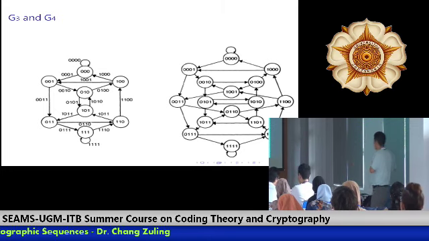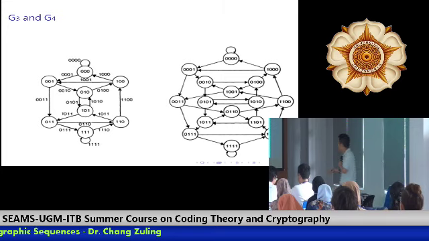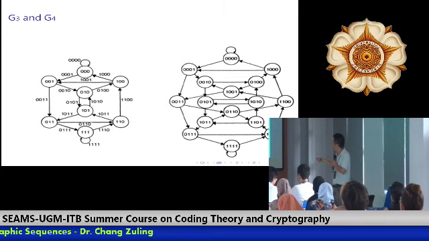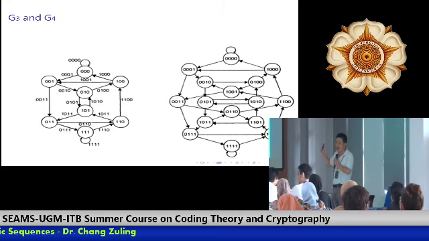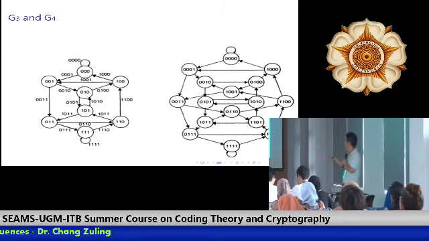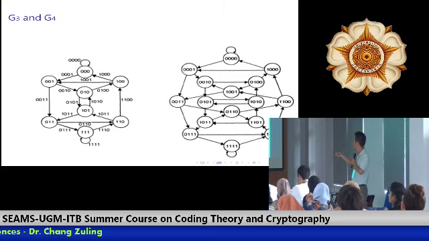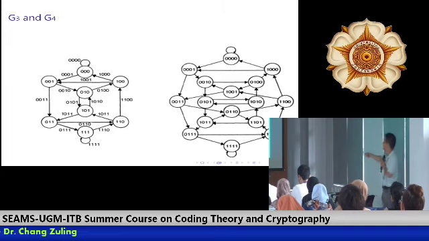From each vertex there are 2 edges out and 2 edges in. So it's a balanced graph.